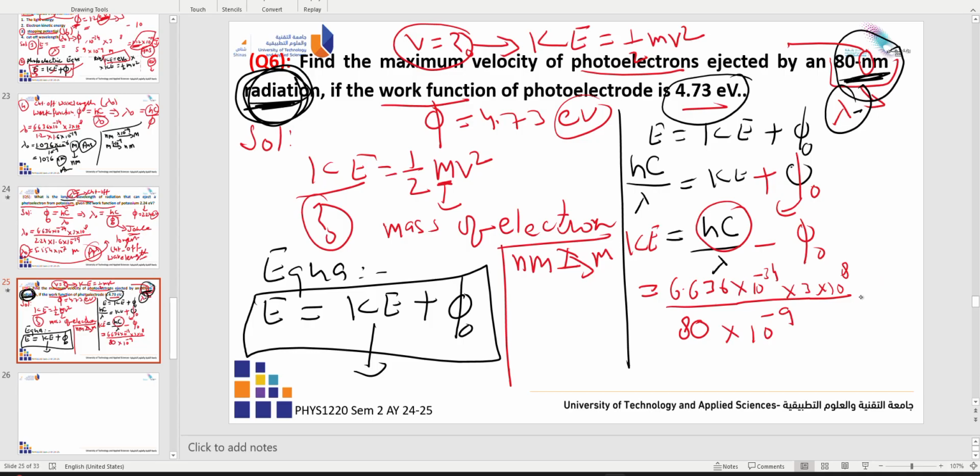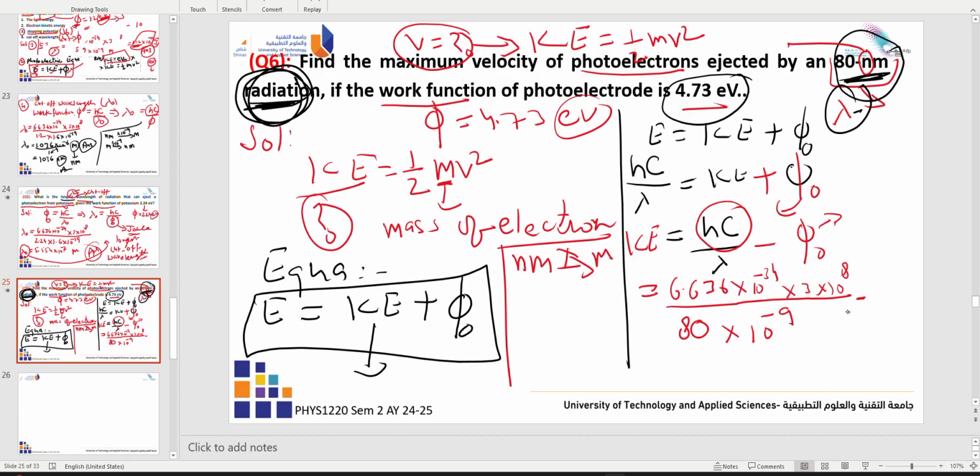Now minus, I need minus the value of phi naught. I don't have the space, so I am writing it down.